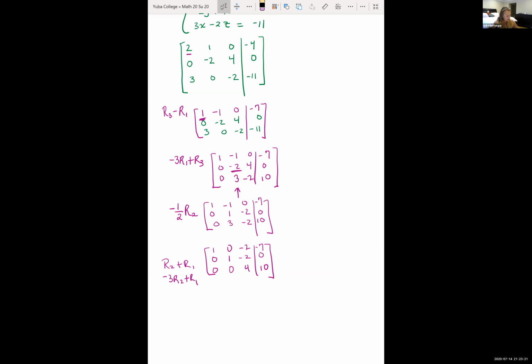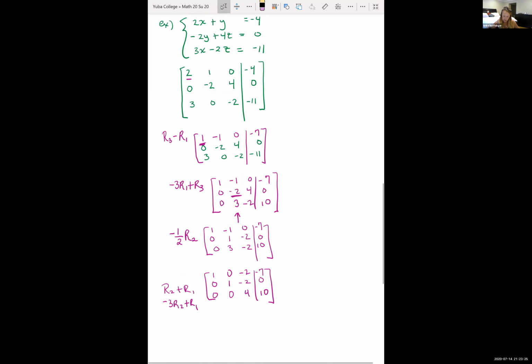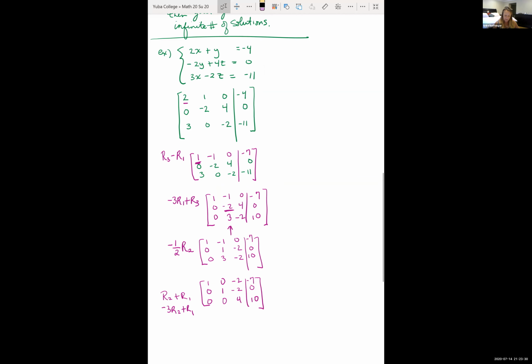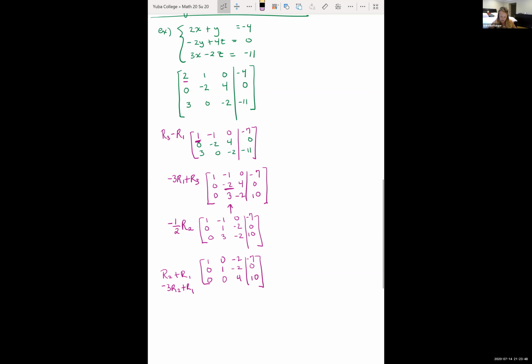So I must have done something wrong. 2x plus y is negative 4, negative 2x plus 4z is 0, 3x minus 2z equals negative 11. Sorry, just check it.